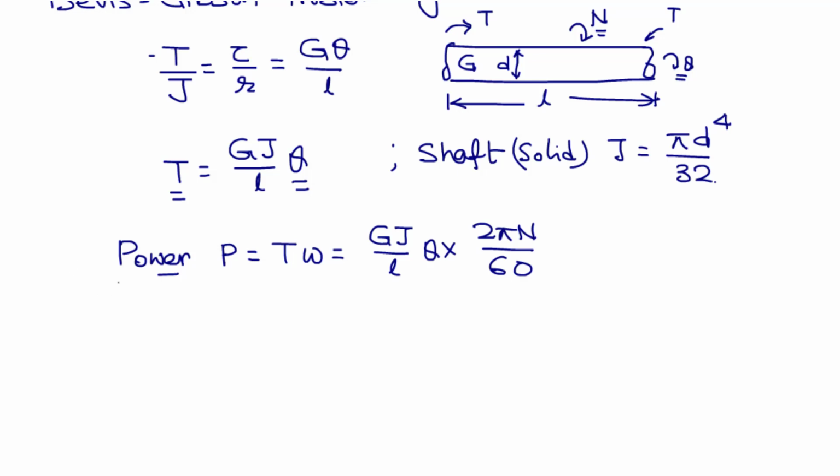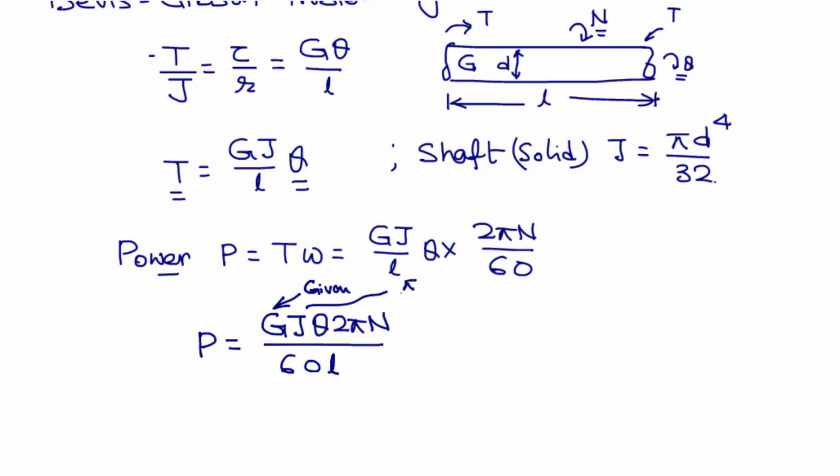Then the power transmitted through the shaft, P, equals G J theta 2 pi n upon 60 into L. For a shaft, G is the modulus of rigidity, which is generally given, and J equals pi d4 upon 32.